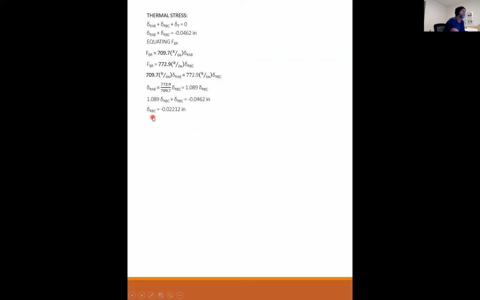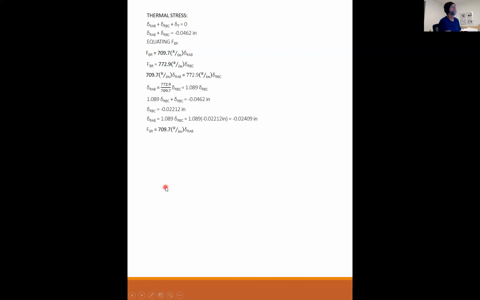So delta RBC is minus 0.02212 inch, which means that delta RAB, 1.089 times that, equals minus 0.02409. So now I have the deformation of rod AB, and I have the deformation of rod BC.